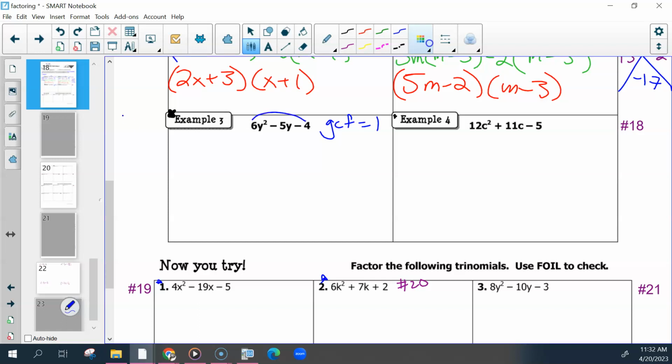6 times negative 4 would give us negative 24. So two numbers that multiply to be negative 24, but add or subtract to be negative 5. So one of your terms has to be negative.